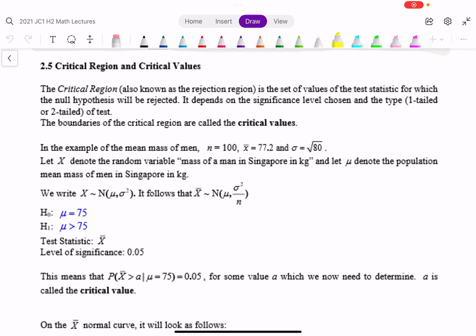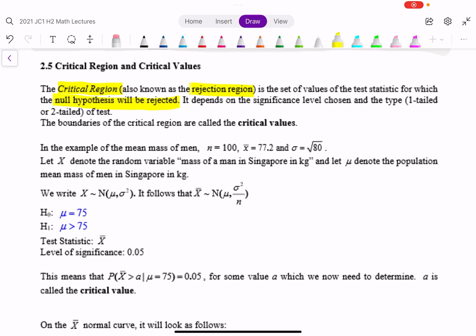So what exactly is the critical region? Another name for the critical region is the rejection region. As the name suggests, it is a region where I will reject something. What am I rejecting? I am rejecting the null hypothesis, that means our H0.